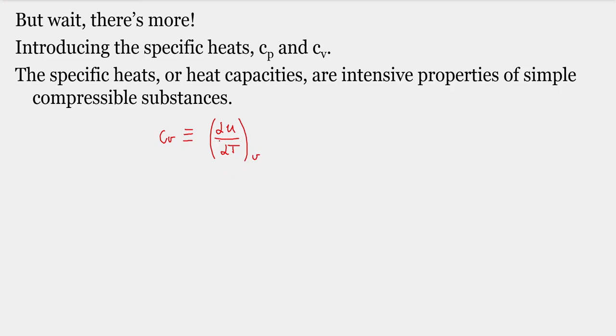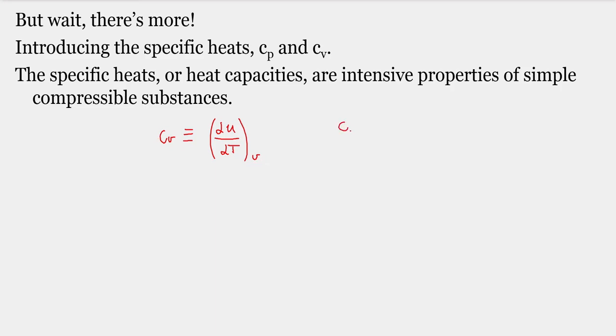This is not a differential. It's a partial derivative. So we have the partial derivative of the internal energy with respect to temperature while holding the volume constant is the definition of the specific heat at constant volume. Sounds really complicated. All we want to know is that there's a way to relate the specific heat of a system to internal energy, temperature, and volume.